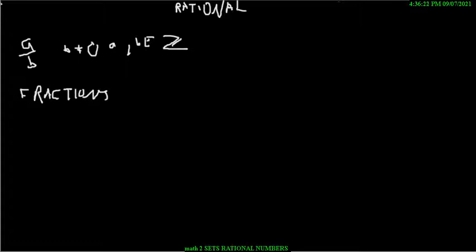Fractions are, for example, 1 over 2, 3 over 4. All these are rational numbers. Over 4, 10 over 13. All these are rational numbers.